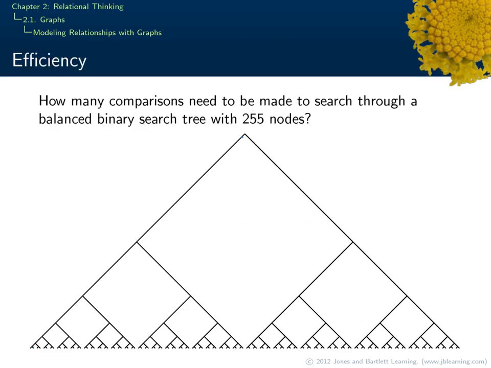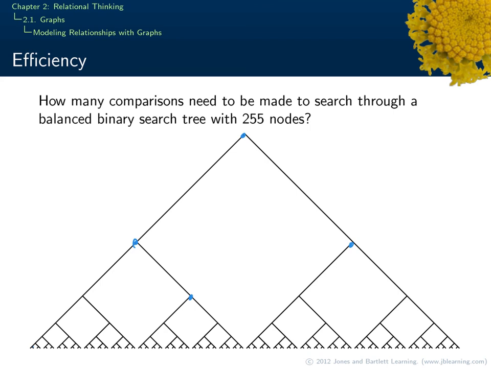So here we're asked how many comparisons need to be made to search through a balanced binary tree with 255 nodes. So in essence, what we're asked is, we have all these vertices here in our binary search tree, and we want to know what it takes to find any given one.